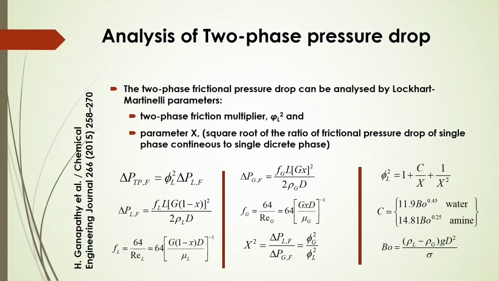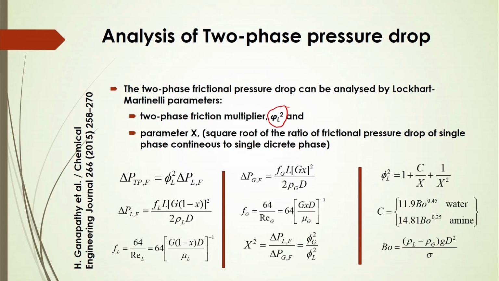Lockhart and Martinelli in 1949 gave a concept for analyzing the two phase frictional pressure drop based on the single phase frictional pressure drop. They expressed the multiplication factor of the two phase frictional pressure drop based on the single phase pressure drop.